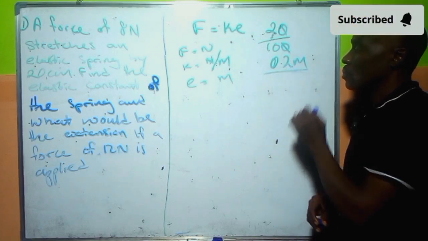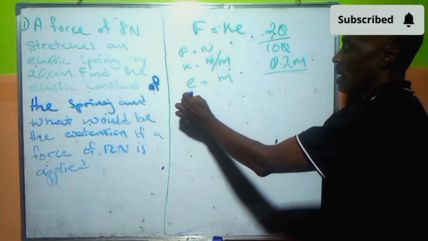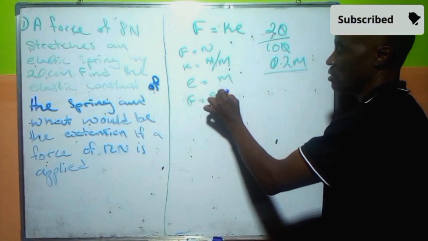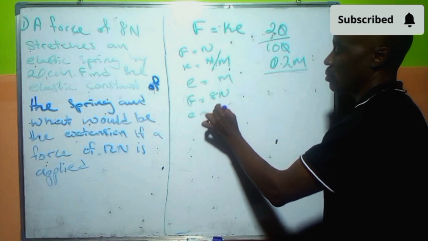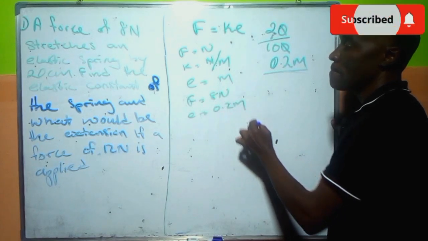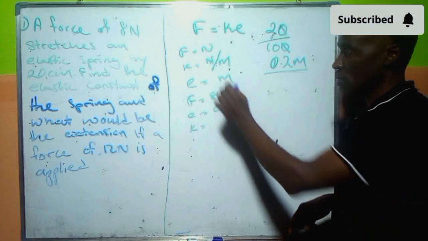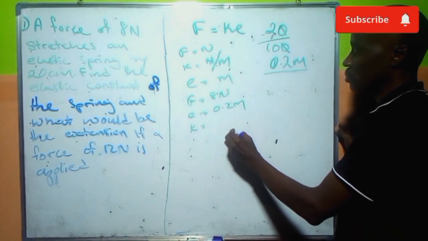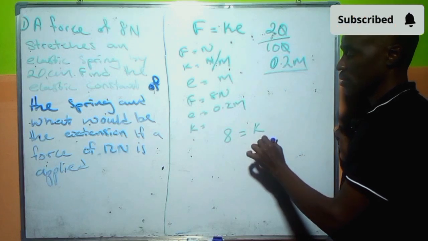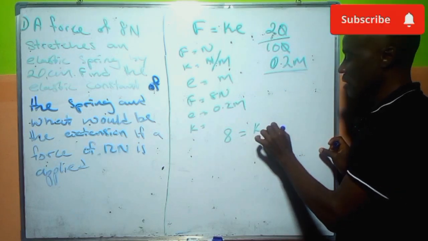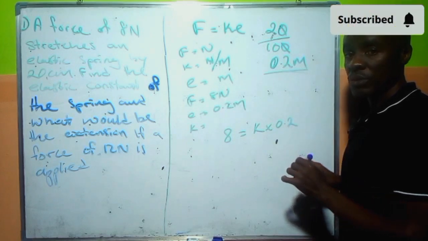So this one is done. Now we're going to substitute each of the values. Our initial force is 8 Newton, and our extension is now 0.2 meter. The constant is what we don't know here. To get this constant, we substitute: 8 Newton equals K, the elastic constant, times 0.2 meter.